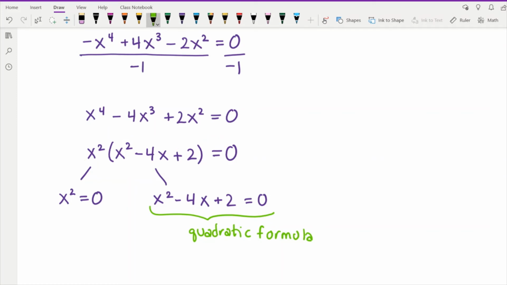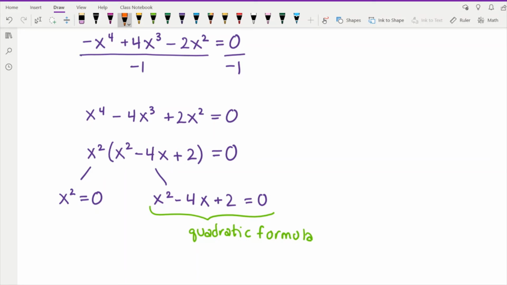One thing that I've seen a lot of students do, that sometimes will give you at least some right answers, is jump in and use the quadratic formula on this. But it doesn't make sense to use the quadratic formula here because you don't have a quadratic equation set equal to 0.